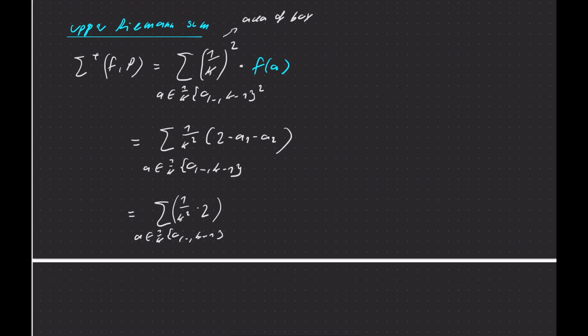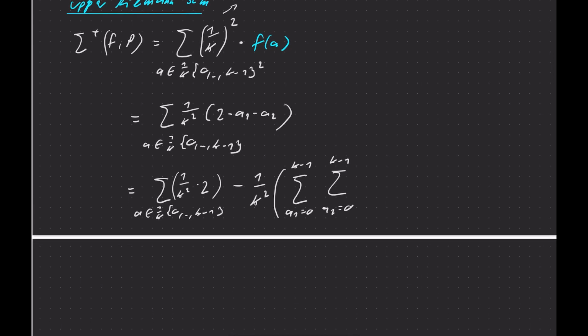For the second part, here's the minus. We take this 1 over k squared out of the sum. And then we are left with a sum over the A1s and A2s, and both take on all values between 0 and k minus 1. So in fact, we have to sum up over all A1 from 0 to k minus 1, and all A2 from 0 to k minus 1.